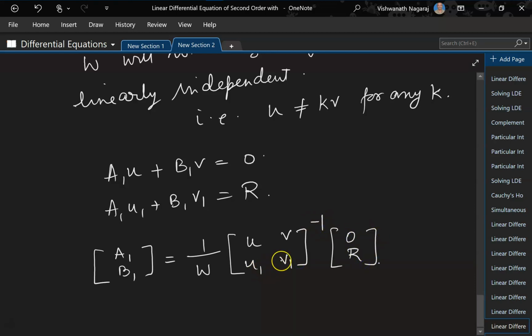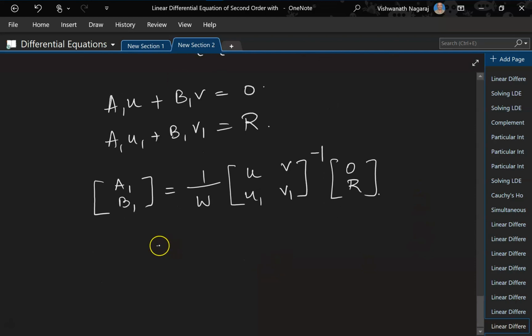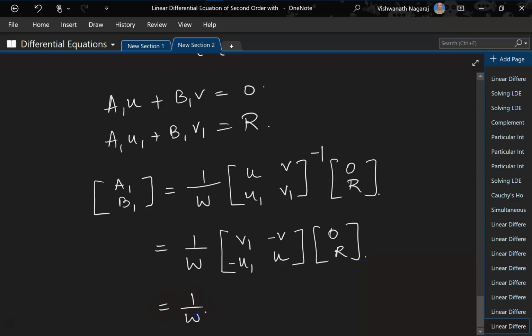Remember, u1 v1 are the first derivatives. Now, the inverse of this would be v1, u, exchanging the values of the principal diagonal, and then changing the signs of the alternate diagonal, minus u1 minus v, times 0 r. And now 1 by w, multiply this.